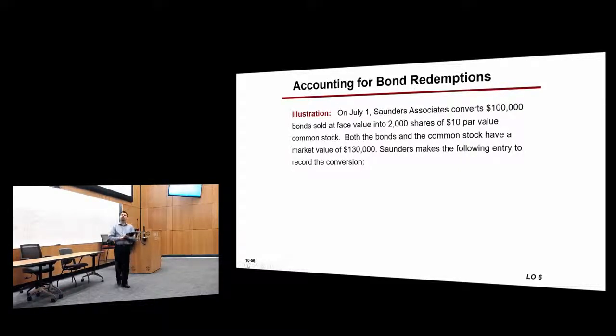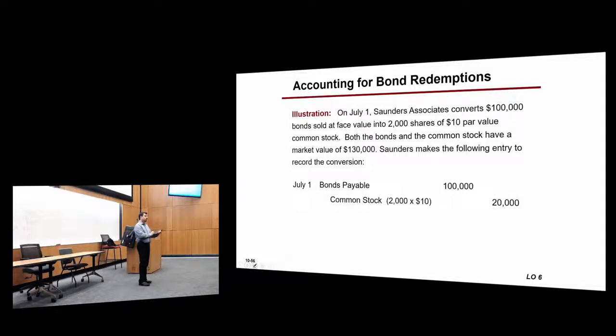What's the value of the bonds payable? 100,000. Where did the 80,000 go? They will be added to an account called paid-in capital in excess of par value. The company will debit bonds payable, credit common stock 20,000, and then credit paid-in capital in excess of par value.